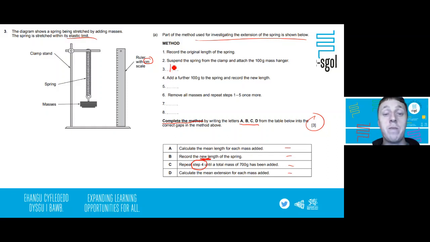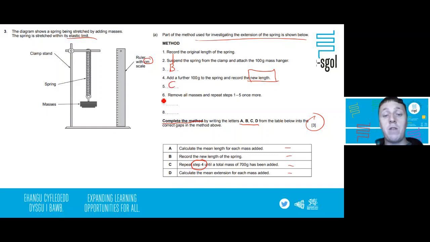So B ideally seems to be the obvious answer because we have the original, we add a mass, and we will have a new length. The statement now says to add a further 100 grams and record the new length. So again, the statement here saying new length might help confirm the answer to B. And we see by adding 100 grams, we've gone up in mass and a new length is measured.